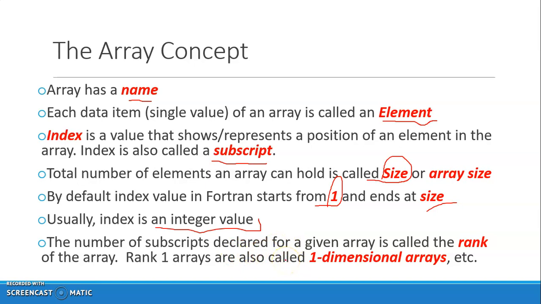But in most cases, in this semester, we'll be using a 1-dimensional array, although you are encouraged to explore 2-dimensional arrays as well. With a 1-dimensional array, it's like we have a vector, so we'll be dealing with vectors, while with 2-dimensional arrays, it's like you are dealing with matrices. Okay?